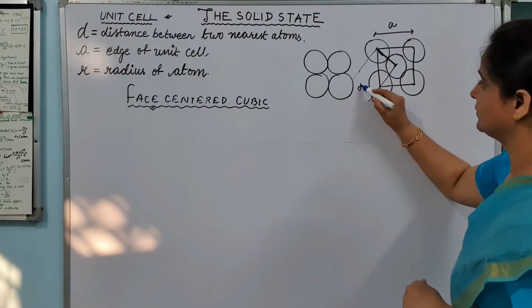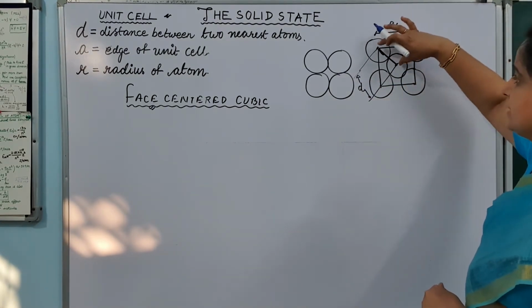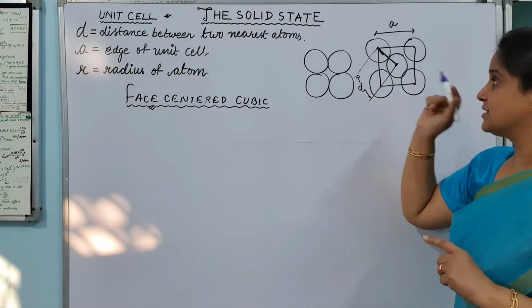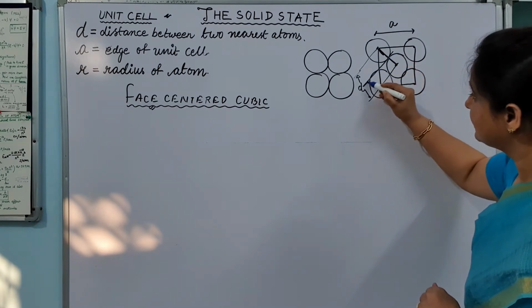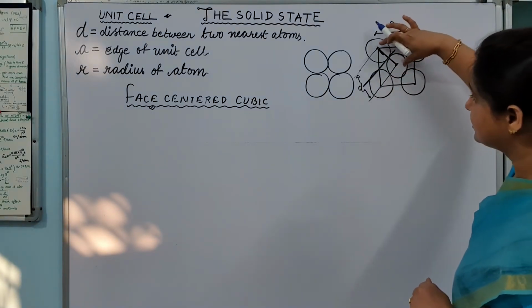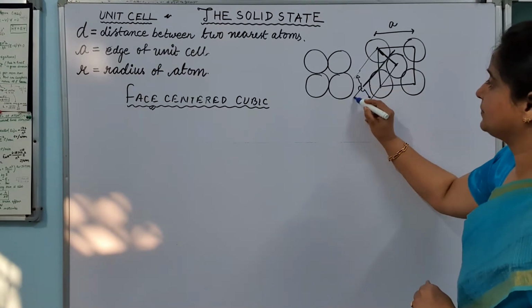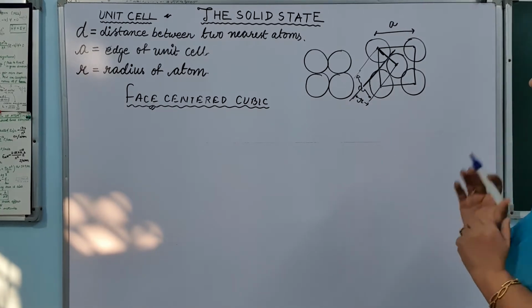This is D. I hope you are understanding. This is the distance between the two nearest atoms, and this is D here. What is R here? Can you write this down? If I halve it, the distance between the two atoms divided by 2 will give you R. So this is R. I hope this is clear to you.